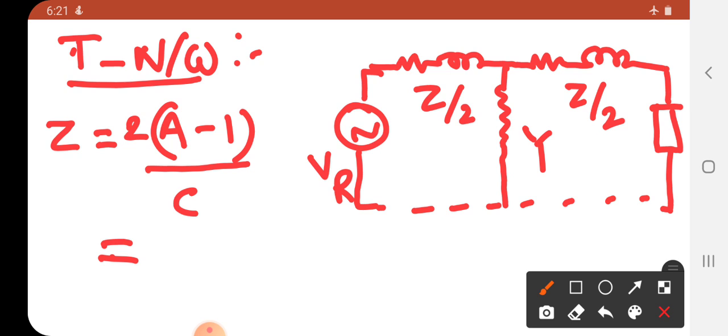Next, you substitute all these values in this equation and find out the value.